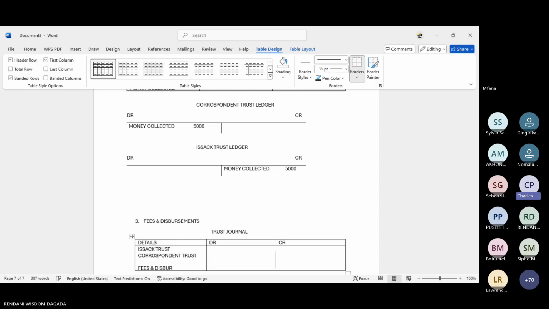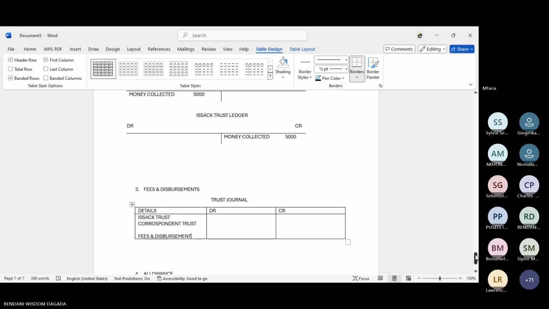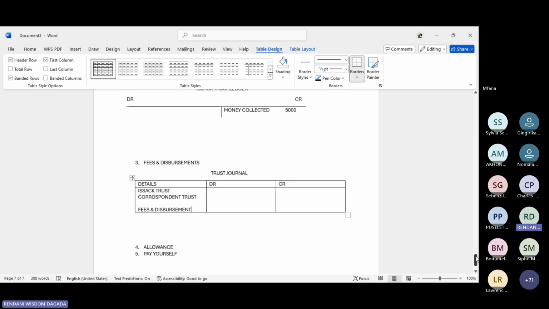Your screen is not moving. Now it's moving. Thanks. Okay, so how much was that amount? How much was the fees and disbursements? 2725. Thank you.